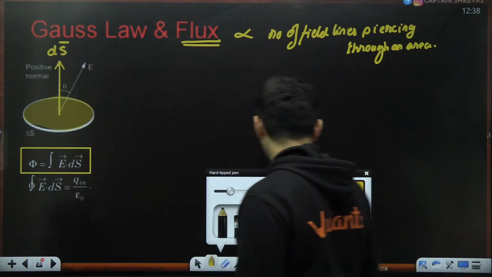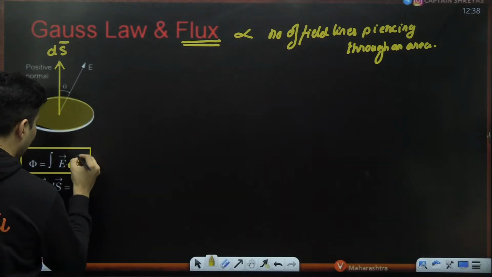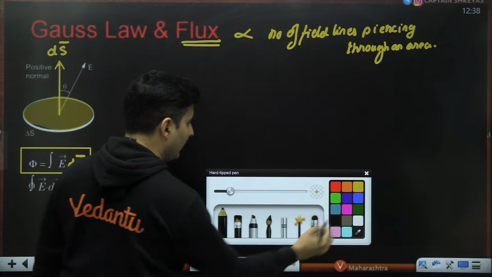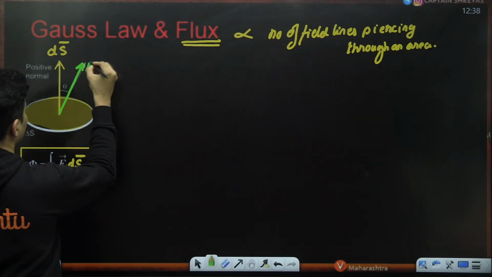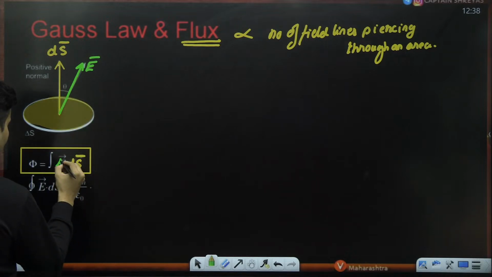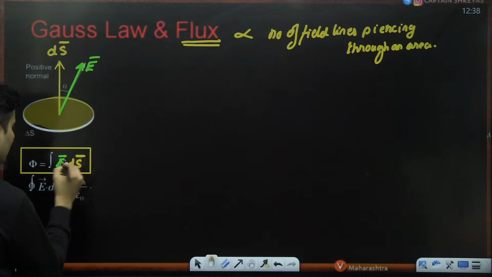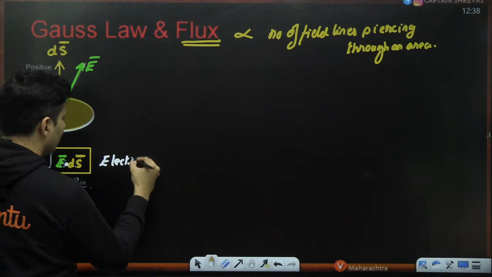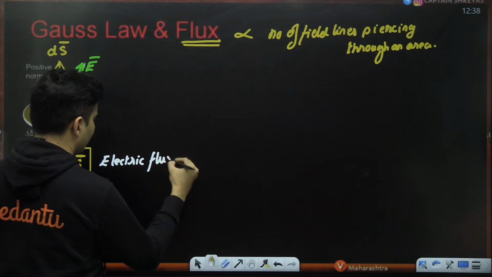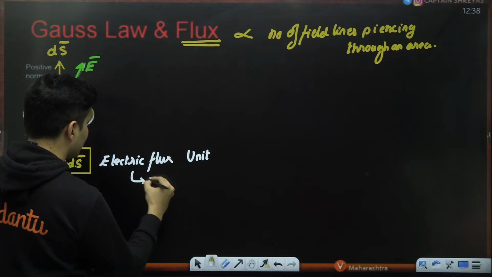The electric field at that point might be in a particular direction. So maybe this is the electric field. So this electric field will come over here and then obviously take a dot product between them. That will give you the electric flux. If you ask me the unit of that electric flux, first of all, this is a scalar quantity.